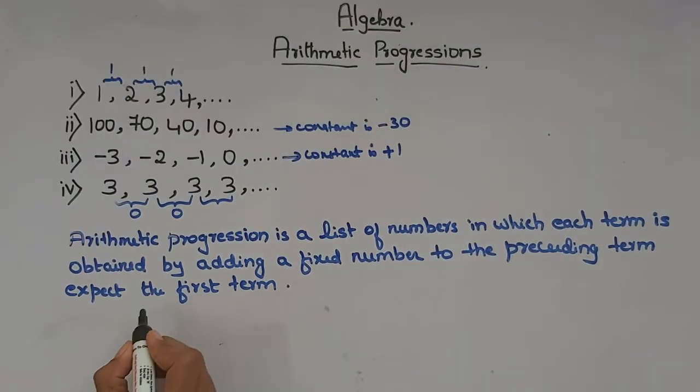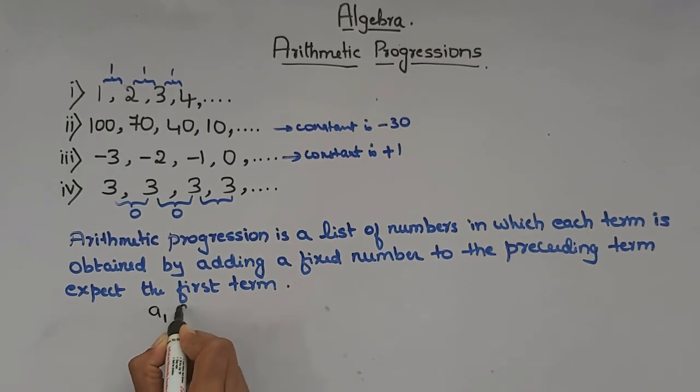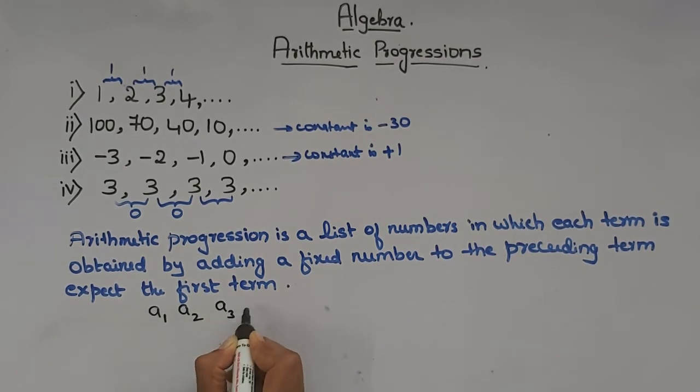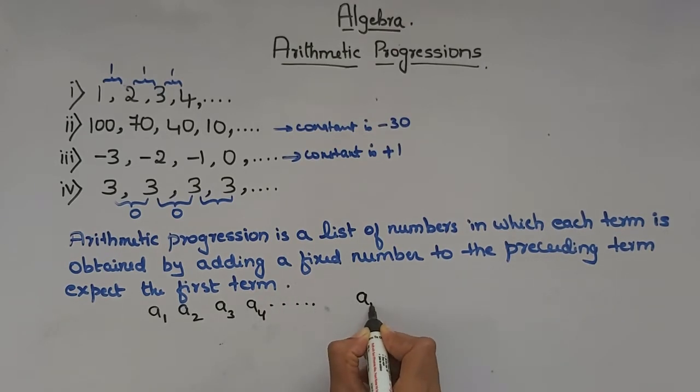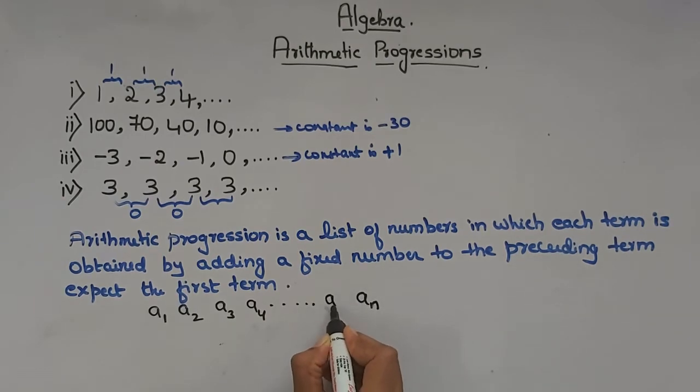So now if you have a list of numbers, say a1, a2, a3, a4 and so on till an, the number just before an is a of n minus 1, right?